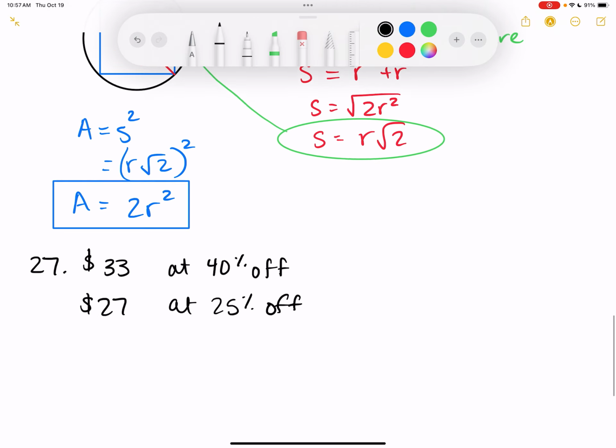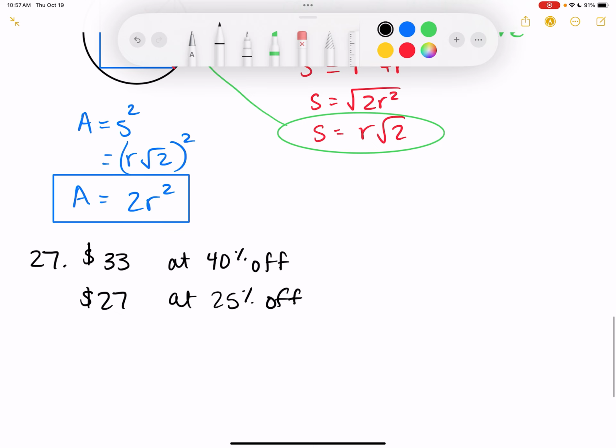So to find the better bargain, we want to see which one has the most money off of it. And so I'm going to label this because we're going to do it two different ways. So the better bargain, I don't think that's how you spell bargain. Nope, it definitely has an A in it. Bargain. Yeah, I don't know.